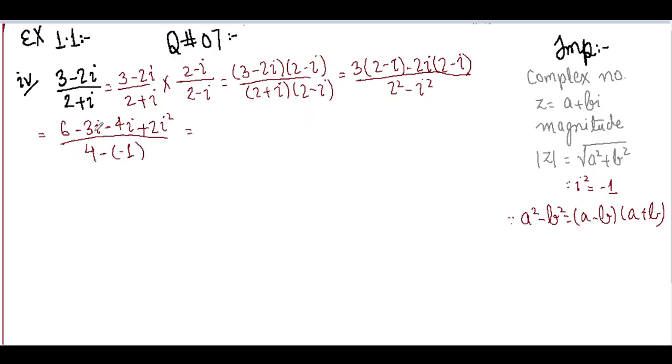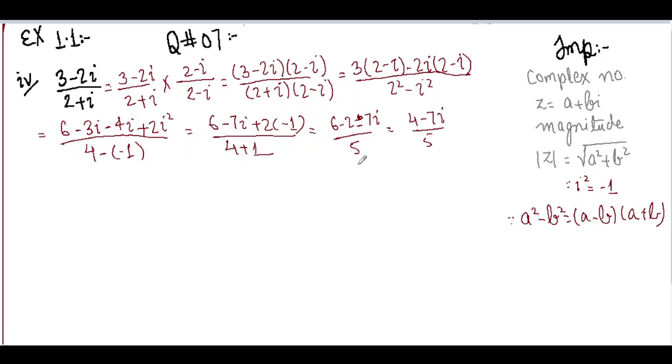So we get 6 minus 3i minus 4i makes minus 7i, plus 2 into minus 1, whole divided by 4 plus 1, equals 6 minus 2 minus 7i whole divided by 4 plus 1 is 5. 6 minus 2 is 4 minus 7i whole divided by 5.